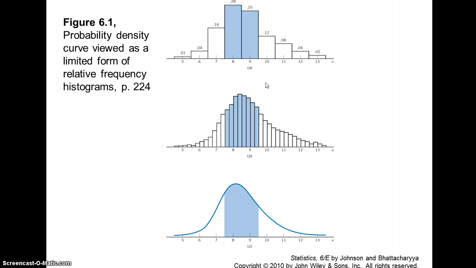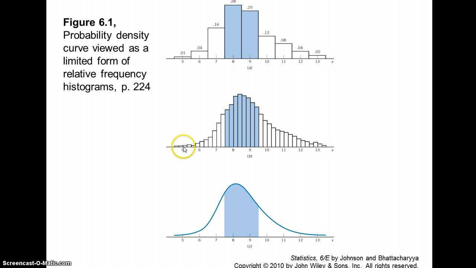But if we want to make the class interval smaller, so instead of doing an interval between 4.5 and 5.5, 5.5 and 6.5, 6.5 and 7.5, and so on, we can make each one smaller, because this is sort of a 1 pound interval, it's kind of too big.